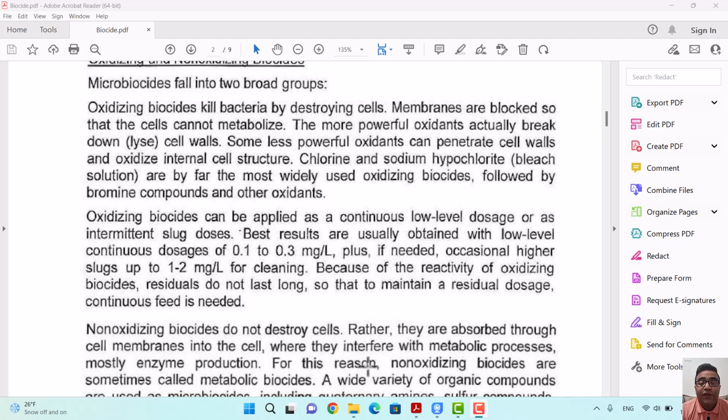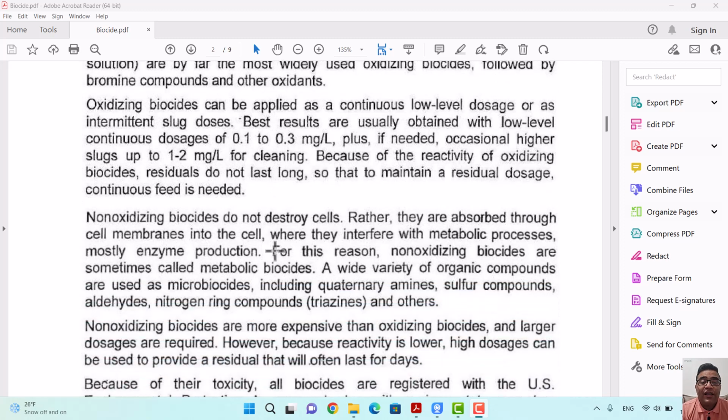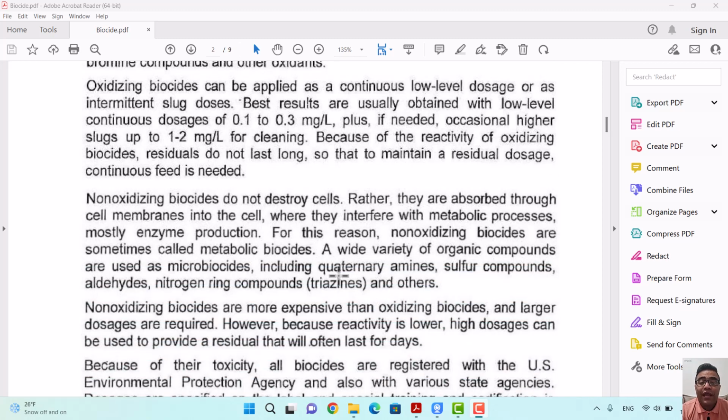So they interfere with metabolic processes, while oxidizing biocides destroy cells of bacteria. The most powerful oxidizing biocides are chlorine and sodium hypochlorite, while the most common compounds of non-oxidizing biocides are quaternions, sulfur compounds, and nitrogen ring compounds.